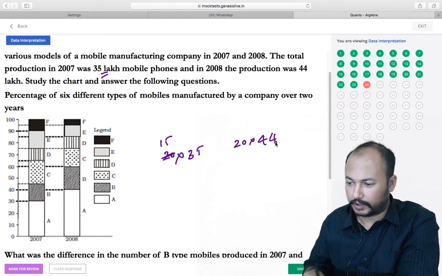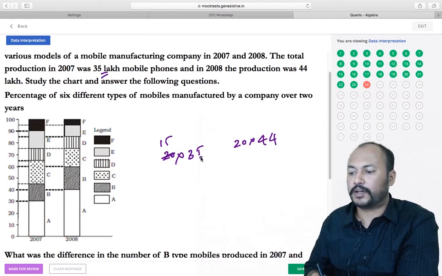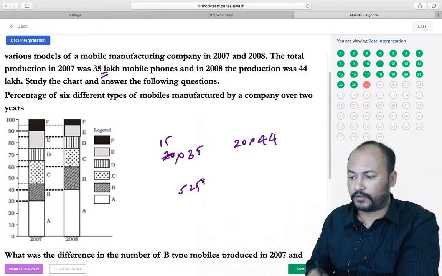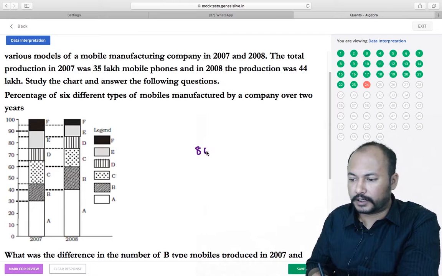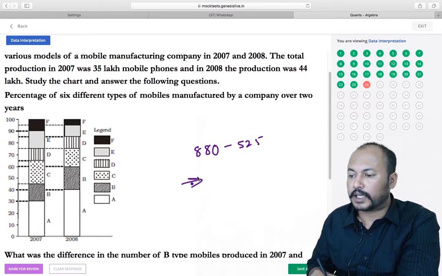Difference is what we need to calculate, that's all. It's in lakhs. So 15 into 35 is 350 plus 175 is 525, and 20 into 44 is 880. Okay, so difference between these two, 880 minus 525 is what you get. So that will be how much?